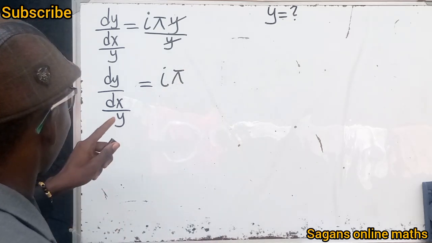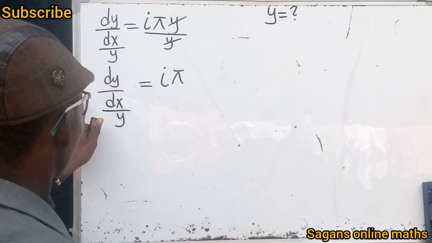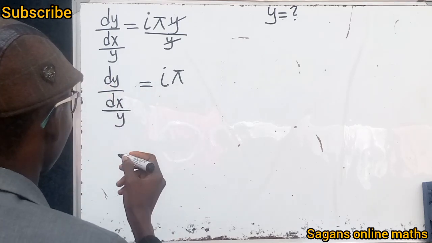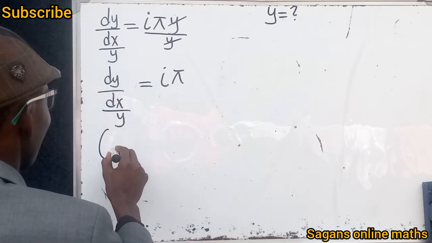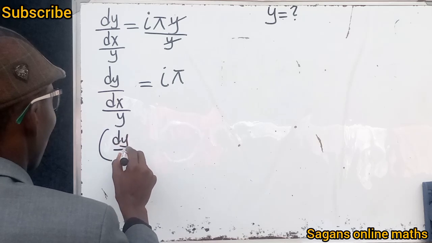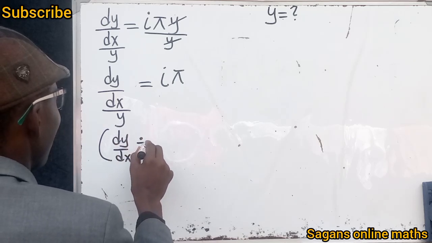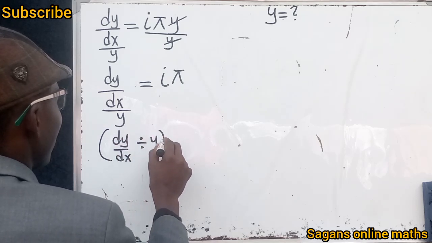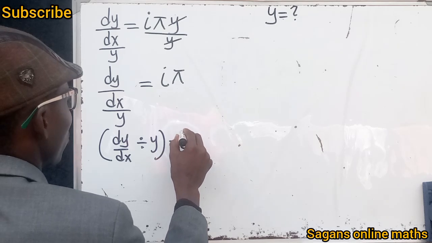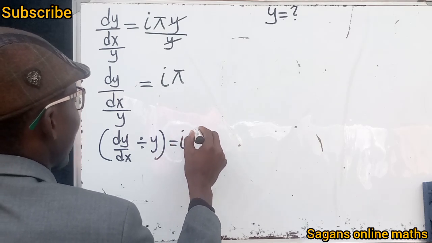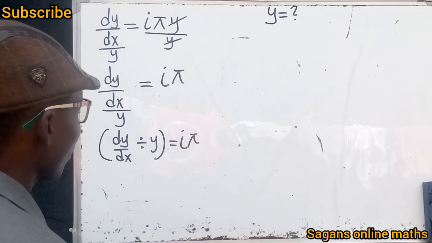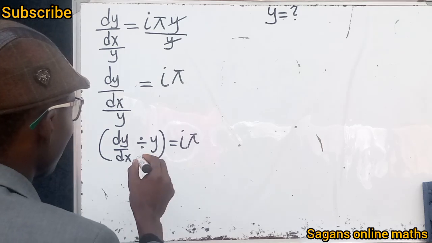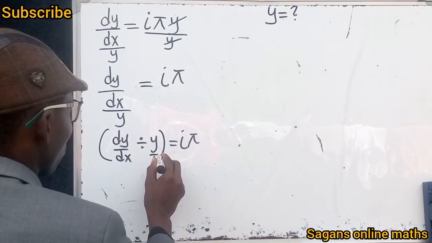Now, do you know that we can simplify this? If we simplify this, we have dy/dx divided by y is equal to the imaginary unit multiplied by pi. Now there is a 1 here, the denominator here is 1.